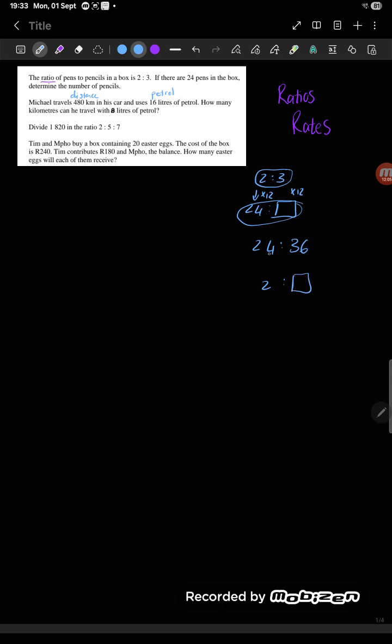Well, 24 divided by what will give me 2? Divided by 12. What I do to the one side of the ratio, I do to the other, because they bring each other like groups. Can you see how we drew the groups before? So 36 divided by 12 will give me 3.